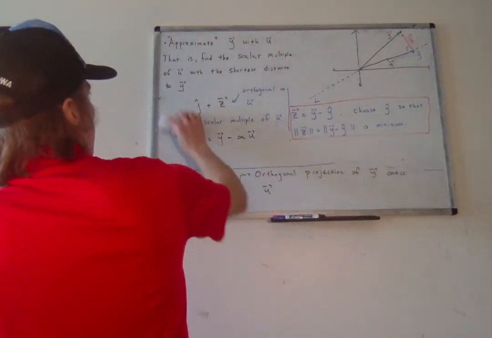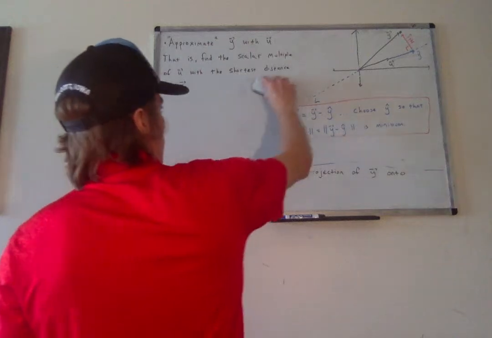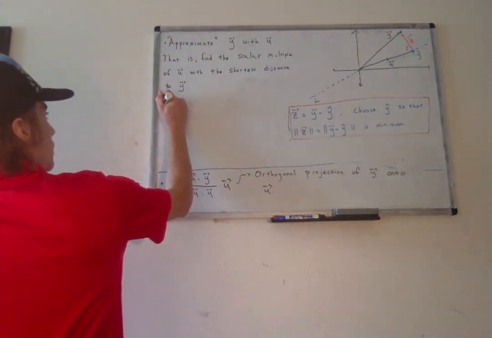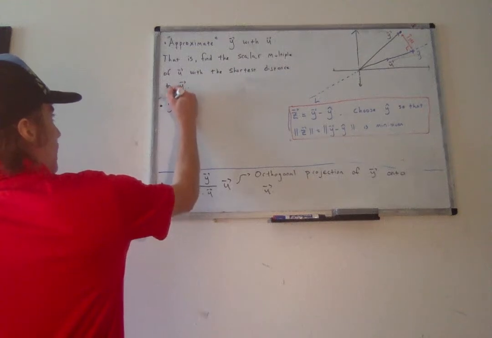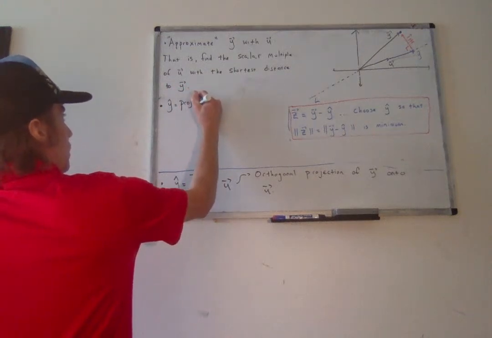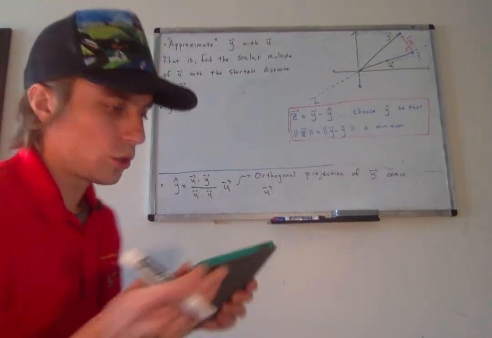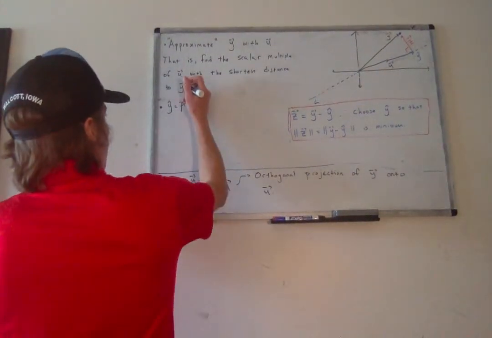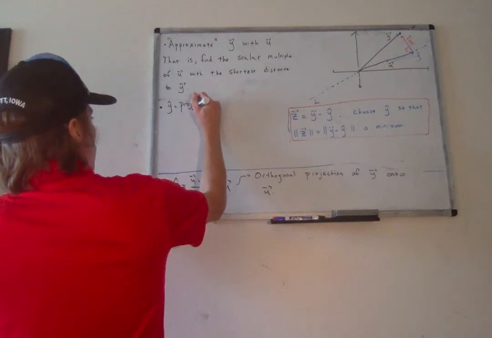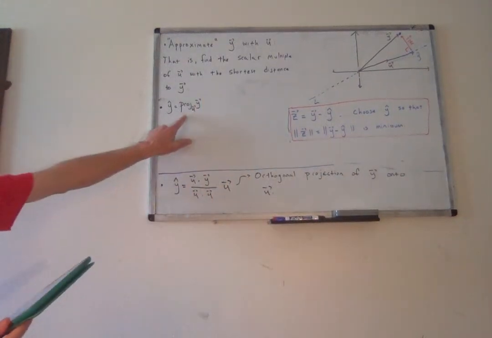And so we've got a little more notation that we sometimes use when describing these vectors. We'll often say that y hat is equal to the projection of, and I have to make sure the order here is right because this can sometimes be a little confusing, the projection of y onto u.